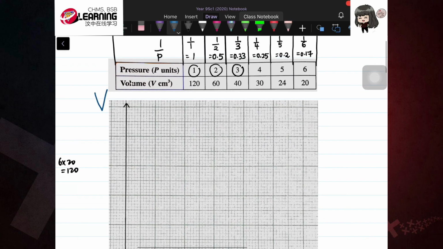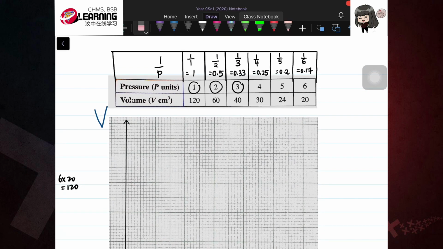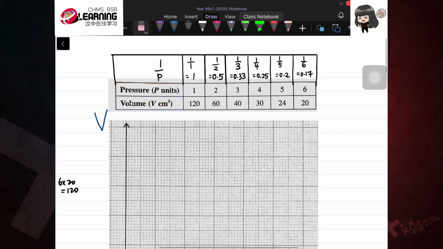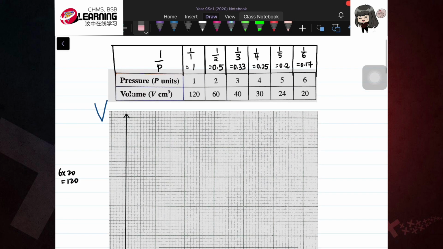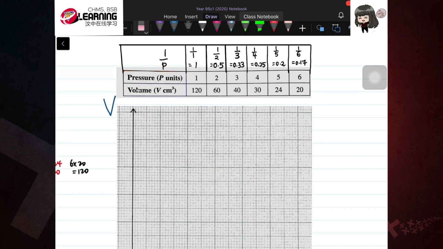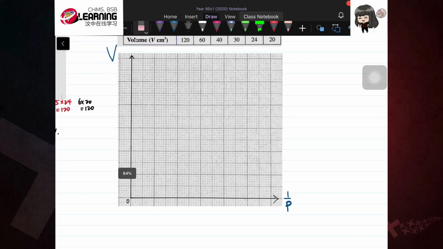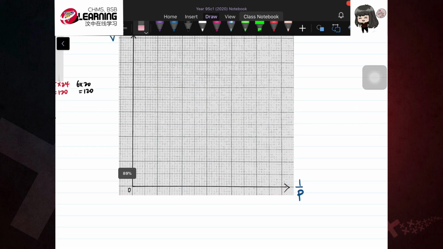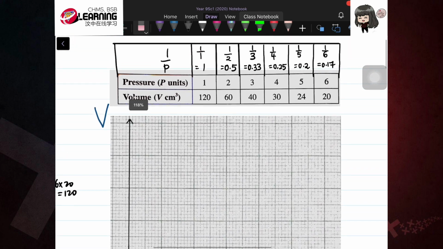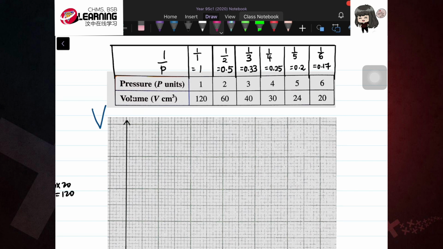Now you use the same V, but for P, you use the 1 over P that you have calculated just now. For the scale, we label the x-axis first. On the x-axis, the largest is 1.